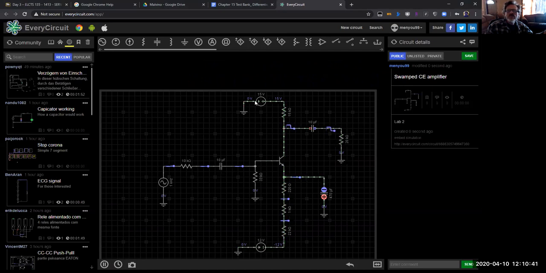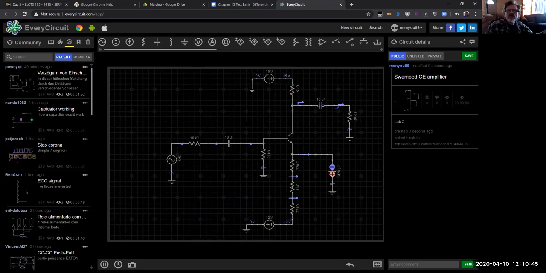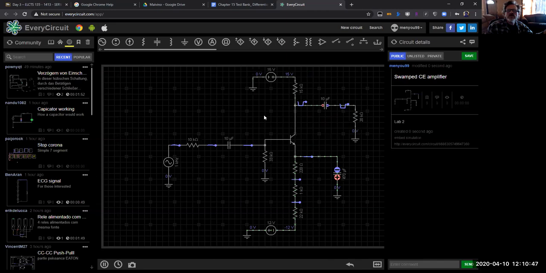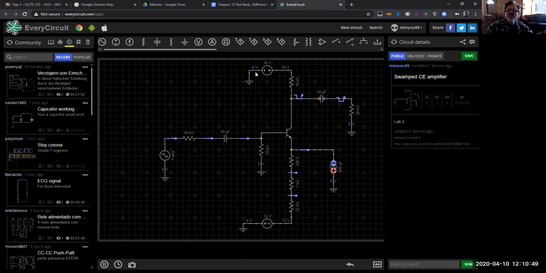I do notice the orientation of my power supply here. Let me blow this up a little bit. So we see current flowing, right? Now notice, as the signal alternates, see how it affects the current flow in this, and watch down here, see how it goes forward and then reverse, forward and reverse.